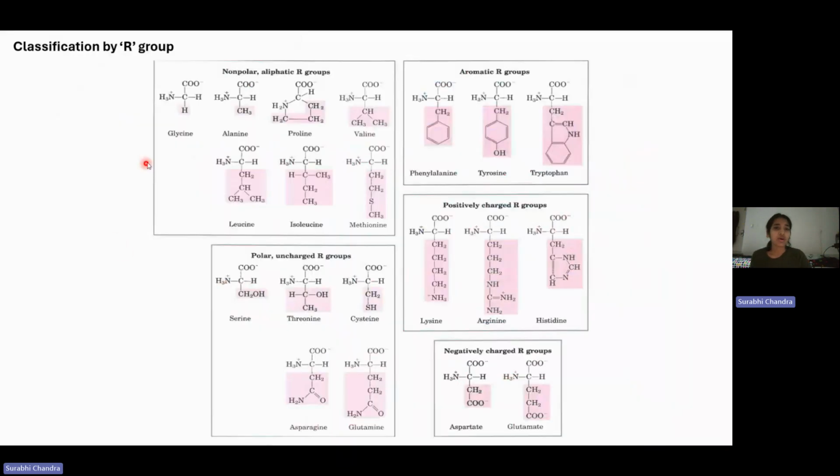Now, after looking at the general structure of amino acids, let's focus on the different kinds of naturally occurring amino acids most commonly found.